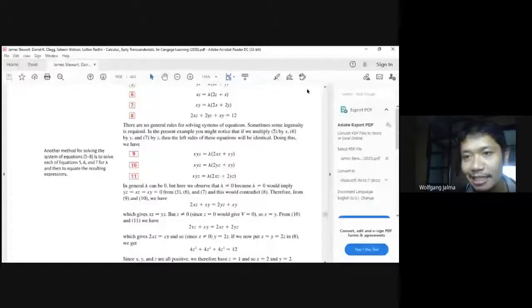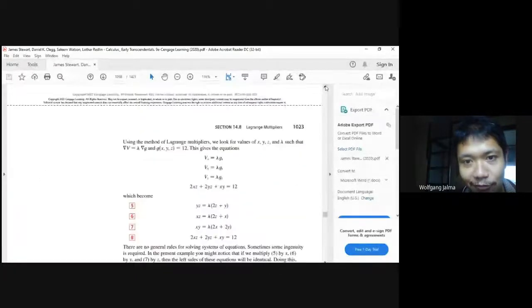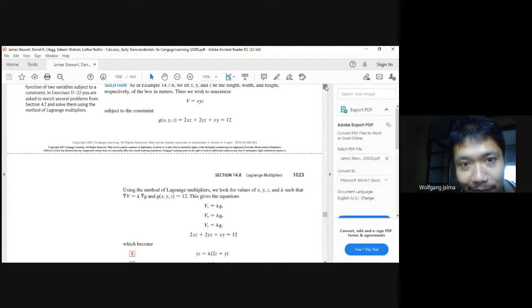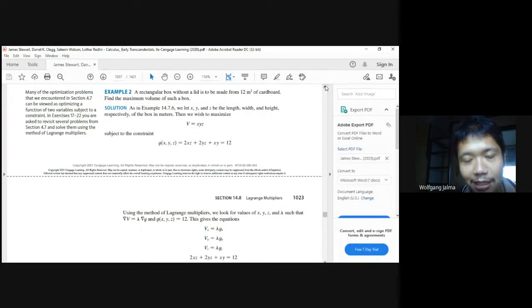Okay, it is from the book. Well, of course you can read by yourself, but let me give some kind of guidance.